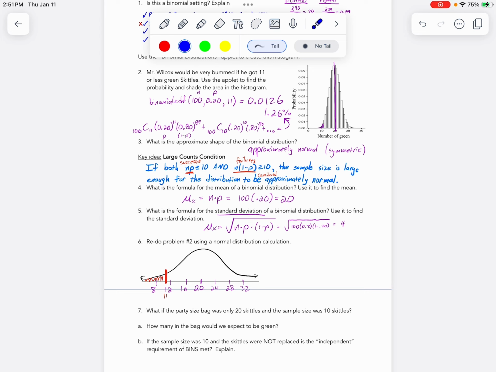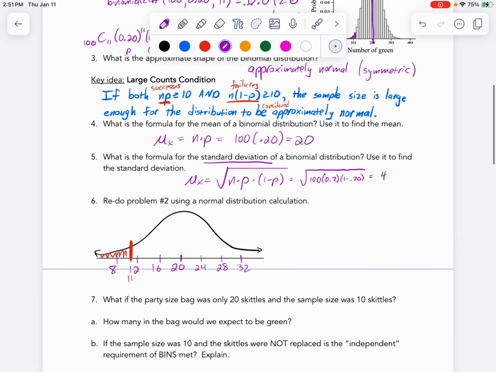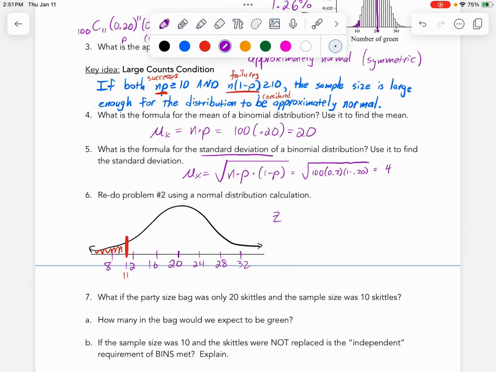They're going to be close, but they're not going to be identical, okay? So to do the normal curve, you need to get a z-score. So the z-score for 11 is the value minus the mean divided by the standard deviation. That's negative 9 over 4, which is negative 2.25.